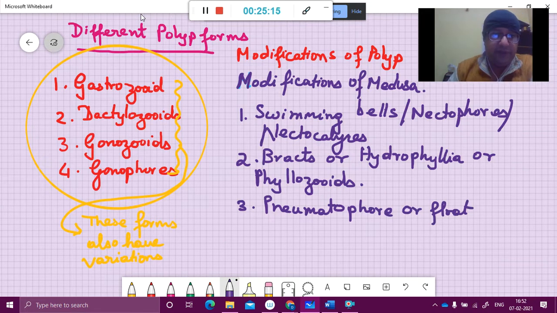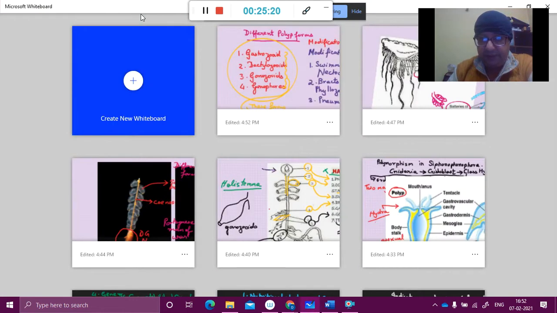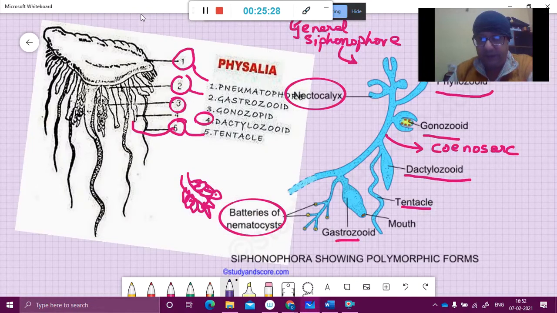If we go to the previous picture, let's go to this one. So you see this structure on the top, it helps it to float, and it is known as pneumatophore or float.